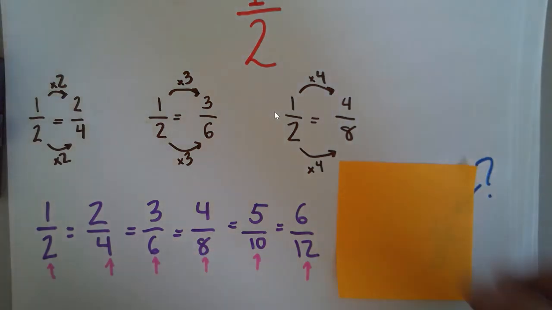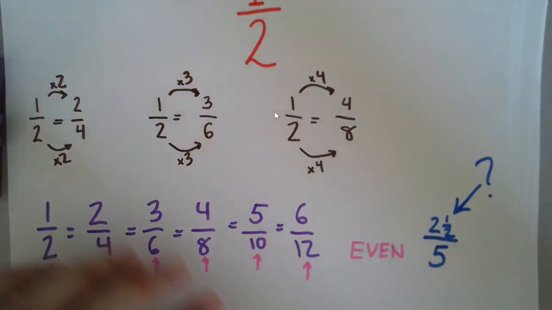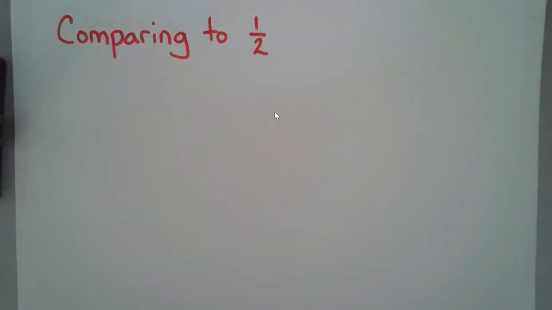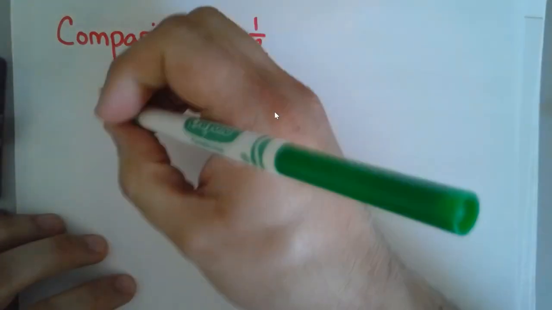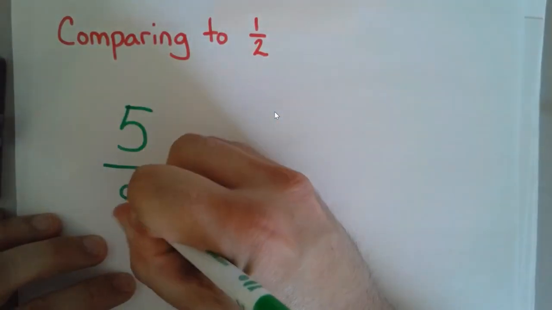So let's start with that, but I'm going to tell you right now as a little preview, we're going to come back to this idea in a couple of minutes. Let's keep going though. So if we're trying to compare fractions to 1/2, let's get started. That's our focus today. And so let's start with the fraction of 5/8.